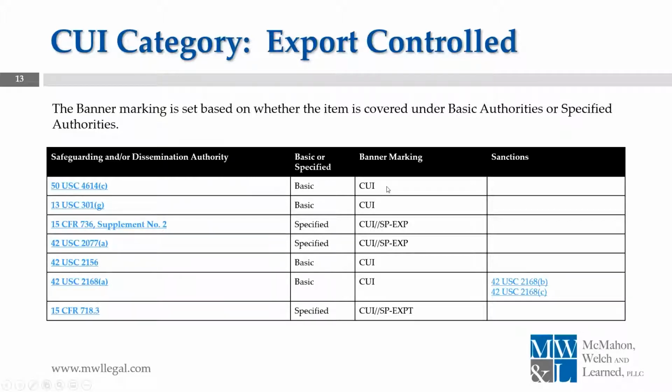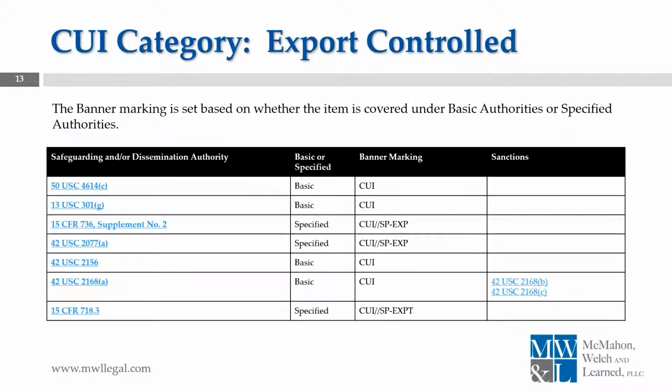If it's basic, it's simply marked with CUI. If it's specified, it has to be marked with CUI//SP-EXP, exactly in this manner. If there are specific sanctions for violating the safeguarding, they're listed in this last column right here. The one particular one I picked was 42 USC 2168(b) and (c).